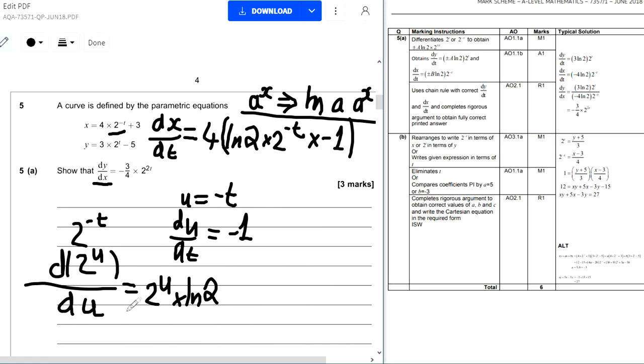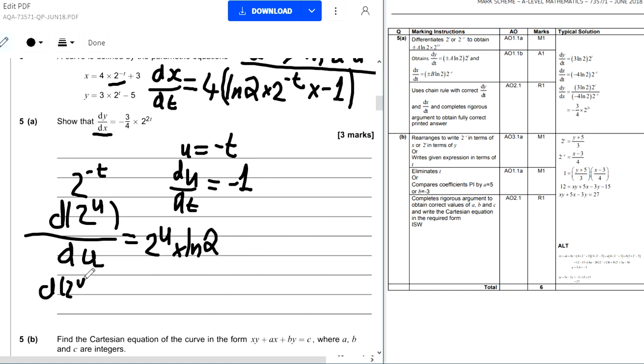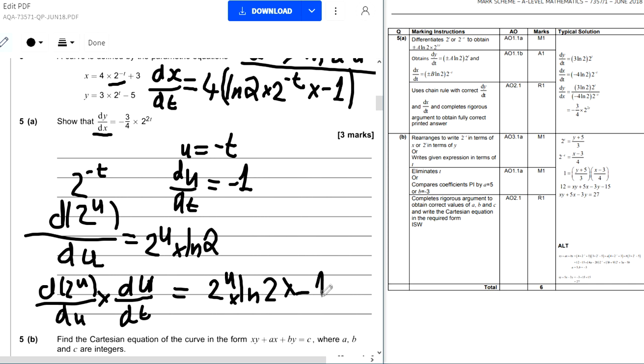So what we have to do is we have to times this by du/dt, because if we do that on both sides, as we're going to see, so that is that, and that is that. I've just done the same thing. Obviously they're equal, so if I times by both sides, that's going to be the same.